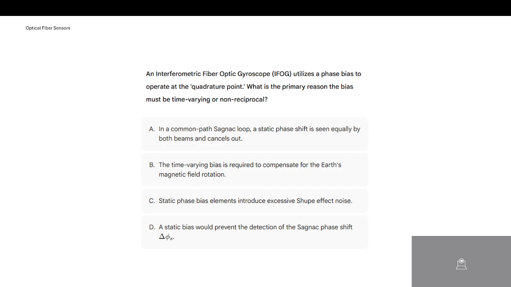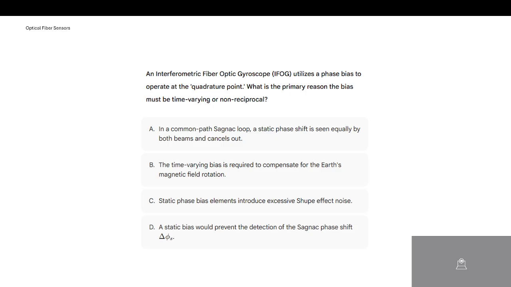An interferometric fiber optic gyroscope utilizes a phase bias to operate at the quadrature point. What is the primary reason the bias must be time varying or non-reciprocal? Option A, in a common path Sagnac loop, a static phase shift is seen equally by both beams and cancels out.